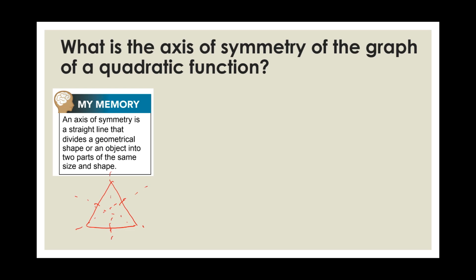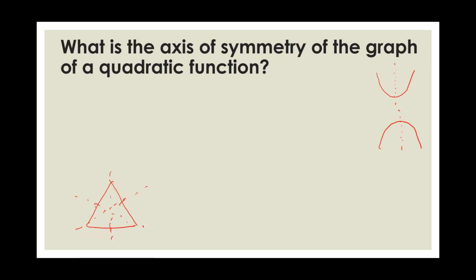Now when we enter the graph of a quadratic function, the U shape, how many axes of symmetry do we have? 1. Yes, only one. Same when we have the N shape, also only one axis of symmetry. We look at the diagram that we have here.